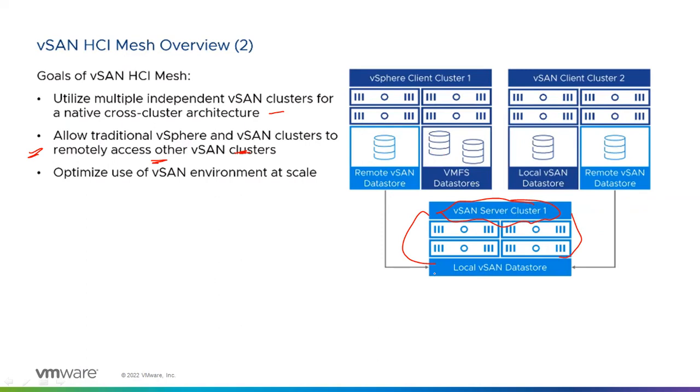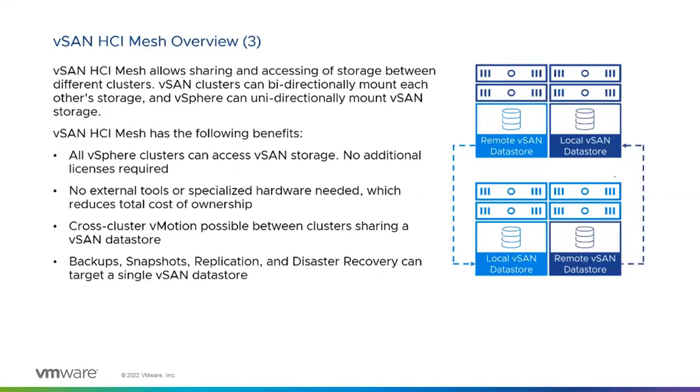That data store can be leveraged by a separate cluster. It's not only unidirectional, it could be bidirectional as well. With two clusters, we can make this data store available remotely to the other one: local for this, remote for that, and the same way in reverse. So it's all possible together.